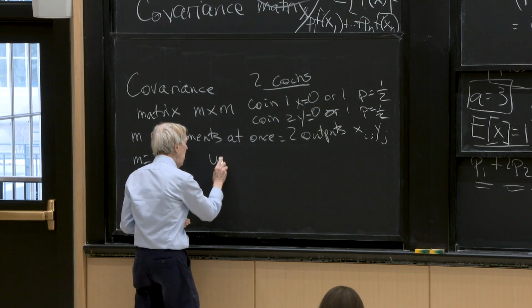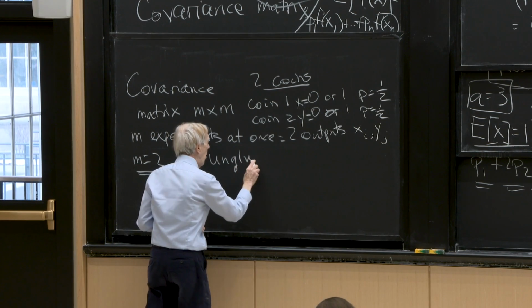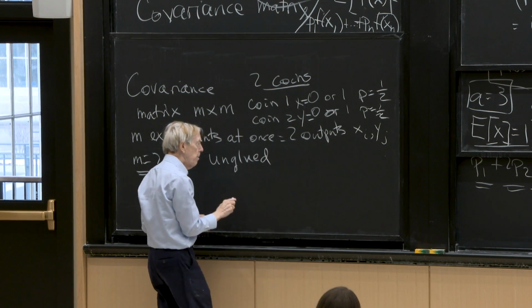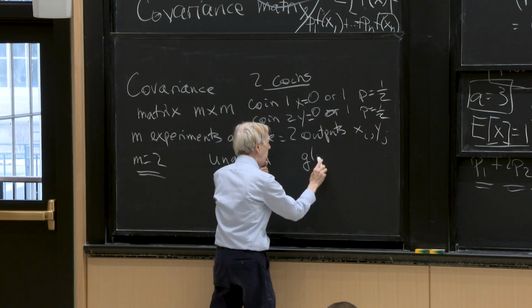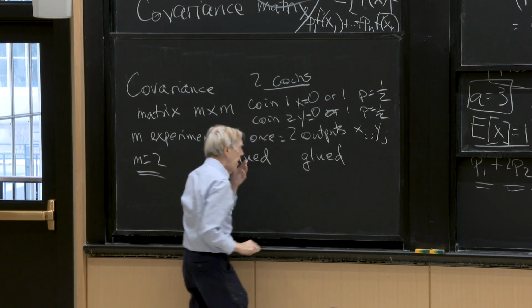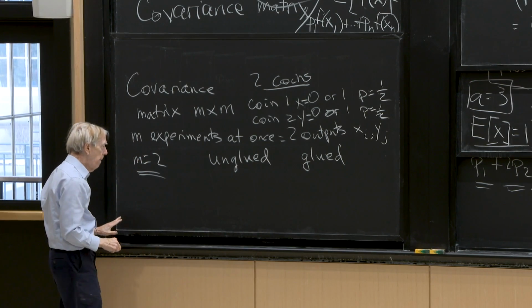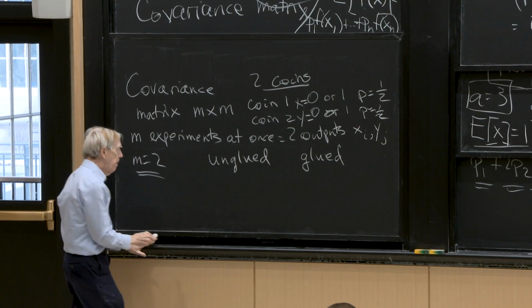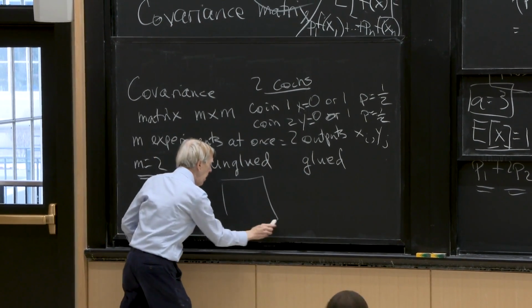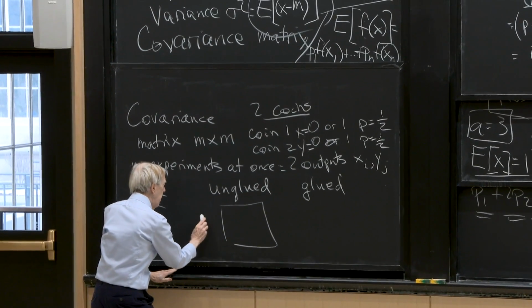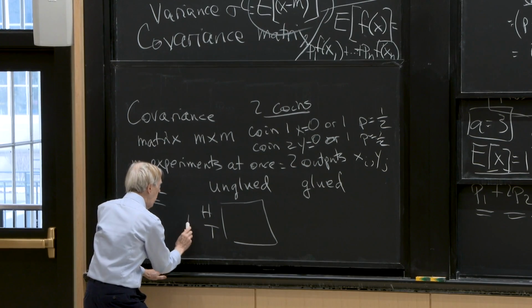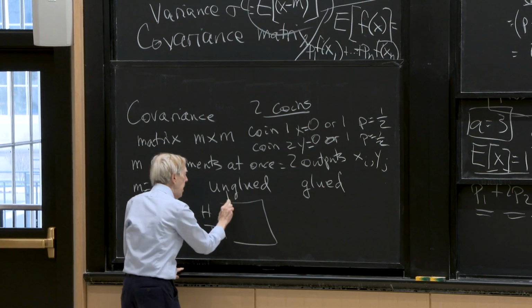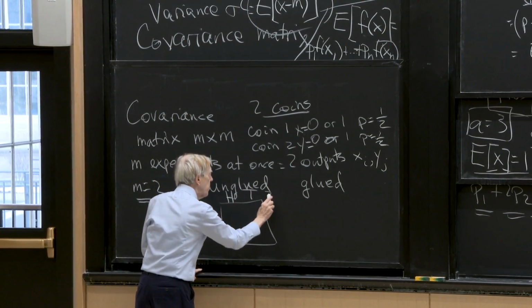So unglued. I never expected to write that word in a math class, unglued. And what am I going to write down? I'm going to write down a matrix with heads, tails for coin 1, and heads and tails for coin 2.